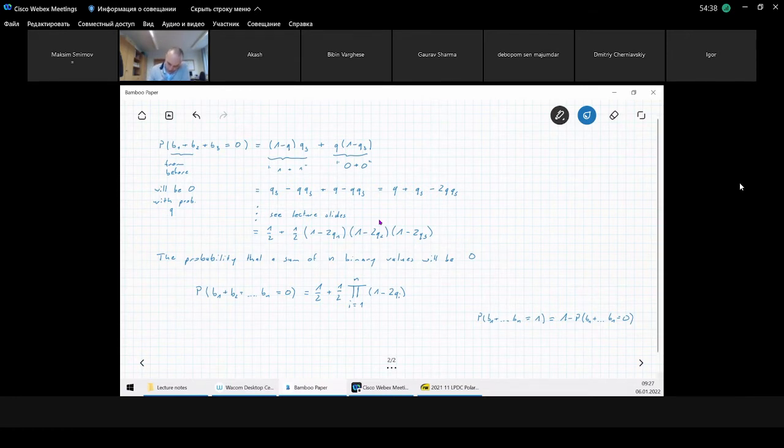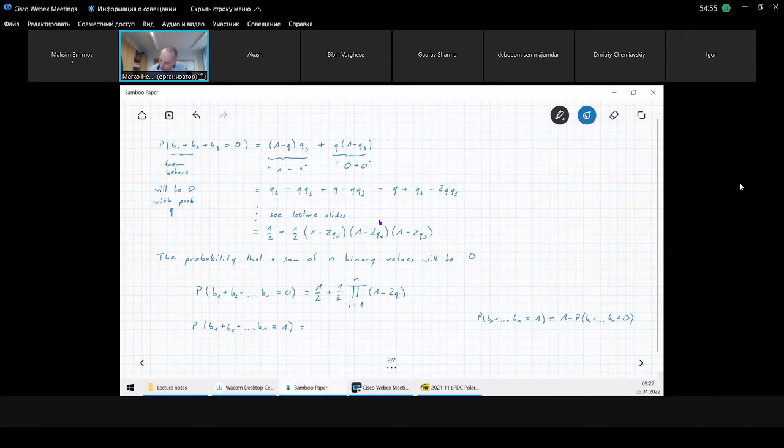So I could also say here P(B1 + B2 + ... + Bn is 1). So what's the probability that the sum will be 1? It will be 1 minus this one.